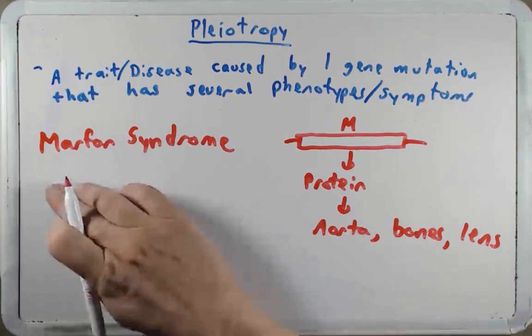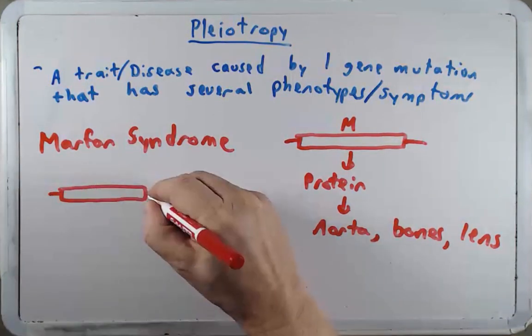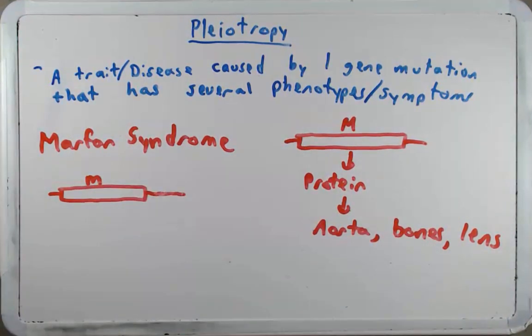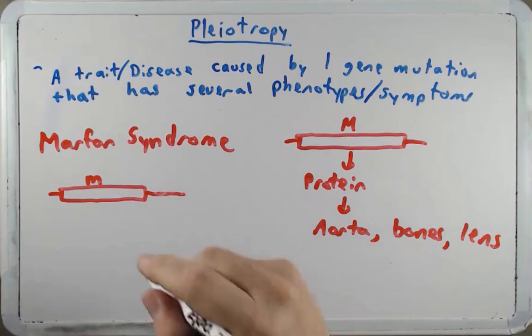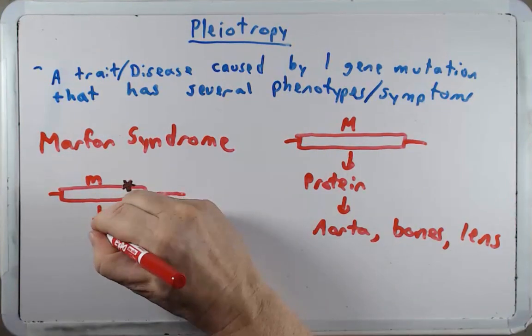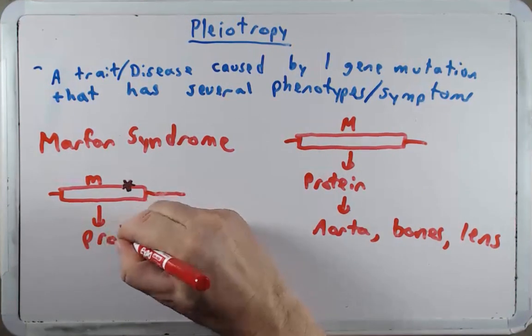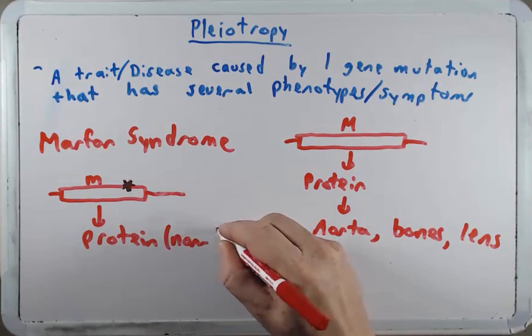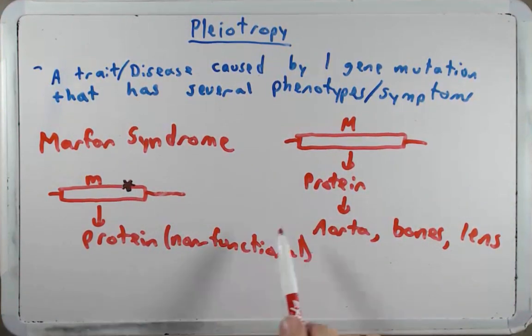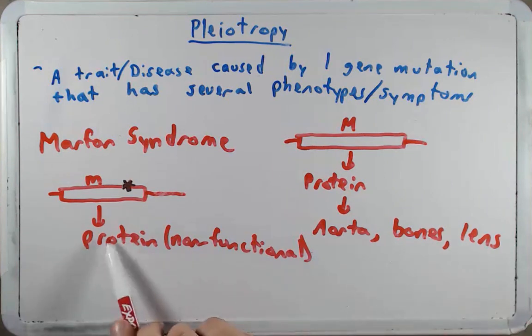So somebody with Marfan syndrome has this same gene, except it's mutated. So I'll put that down as a little m, but I'll make a little asterisk here to indicate that it's mutated. It still makes a protein, but the protein it makes is non-functional. So it would normally go to aorta, bones, and lens, but since it's non-functional, it can't do its job there.